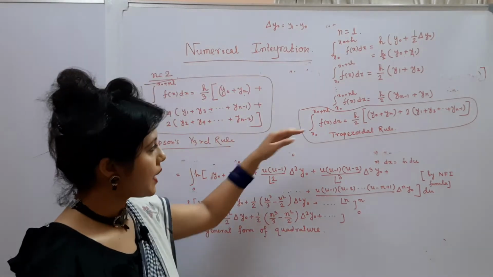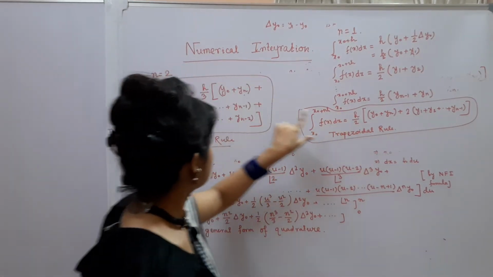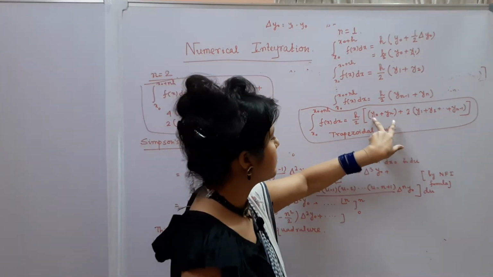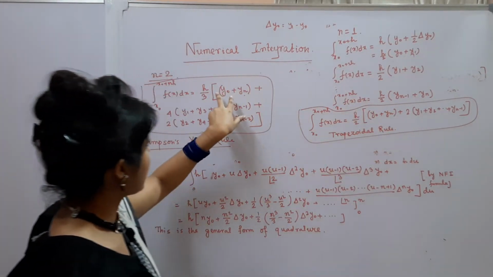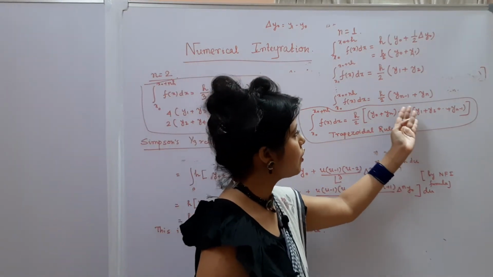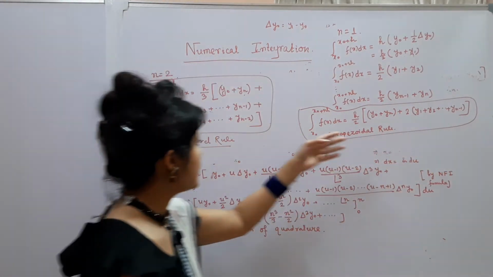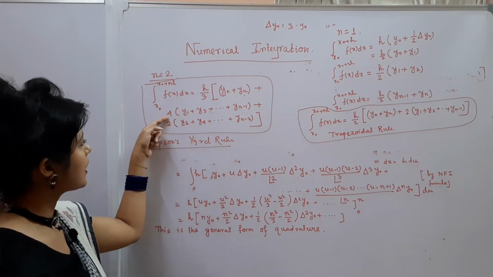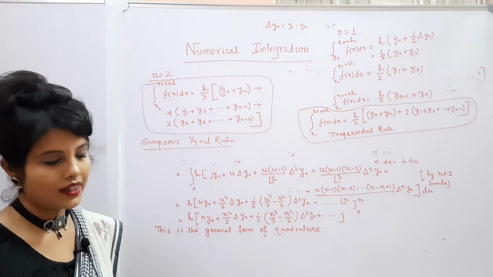In the trapezoidal rule this is h by 2, and in Simpson's 1/3 rule this is h by 3. For both cases y0 and yn appear once; for the trapezoidal rule all the other terms appear twice, and for Simpson's 1/3 rule the odd terms appear 4 times and the even terms appear 2 times.